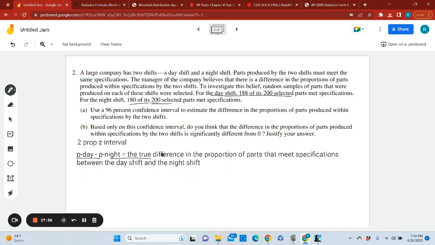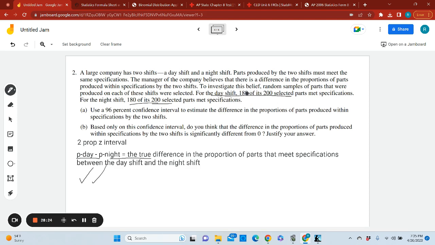Okay. Now let's just assume that all the conditions have been met, right? Random sample check. These 200 parts from the day and night shift are less than 10% of all the parts produced on the day and night shift. Let's say check. And let's say large counts has been met for both of these samples, right? 188 out of 200 and then 180 out of 200.